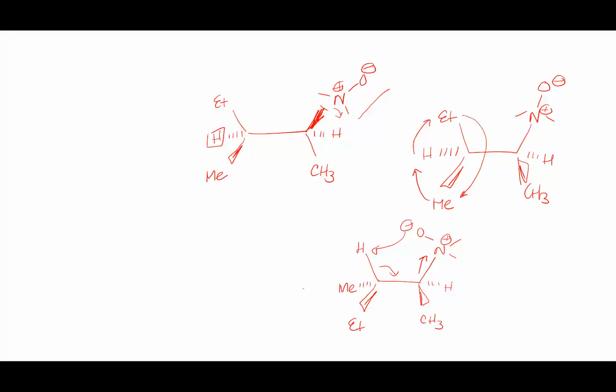And so again, now in this case, the groups that are bold are going to be cis, the groups that are trans are going to be trans, so I'm going to end up with a double bond. So I'm going to end up with my ethyl group and my methyl group being trans, and my hydrogen and my methyl group being cis, so that in this case, in Cope elimination, the two methyl groups are now trans to each other.